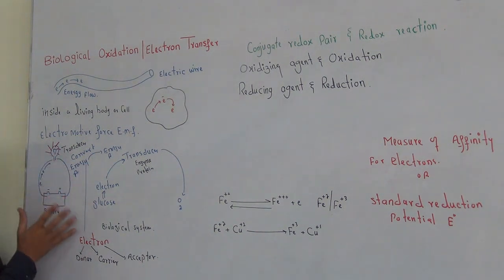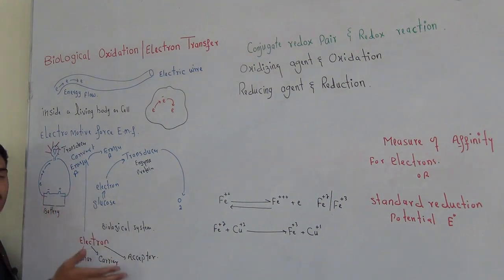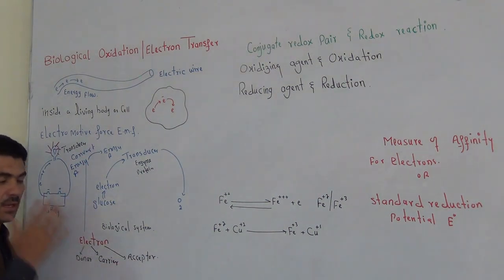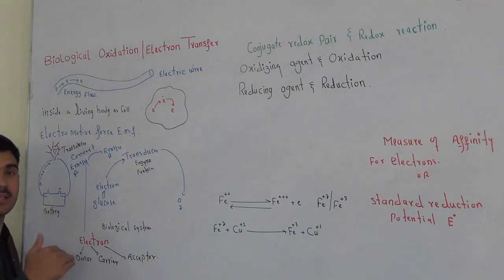So that was outside the living body, as we know very well. And now if you come to the living body, inside the living cell, we have again the electrons. We will see electrons flowing, but the question is where the electrons will come from. Do we have any source of electrons? The answer is yes.